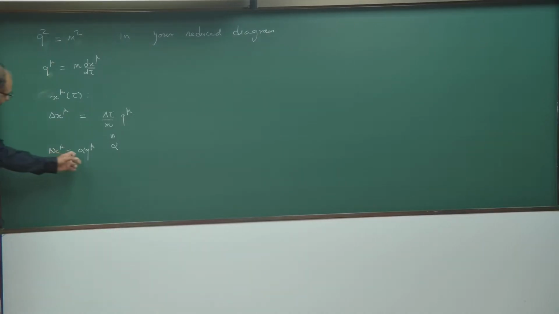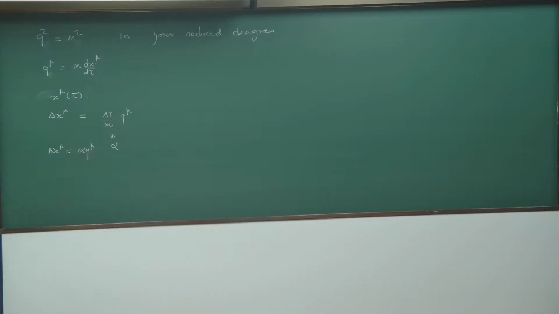Now let's think whether this will work or not, but just try. I literally start taking these points, these vertices, seriously, and let's say I want to interpret the displacement between these two points as being given by alpha q^mu.